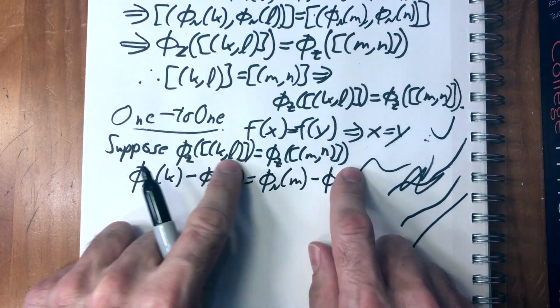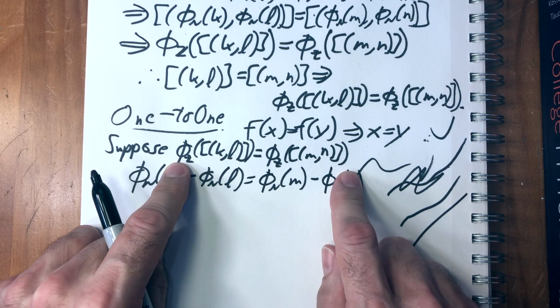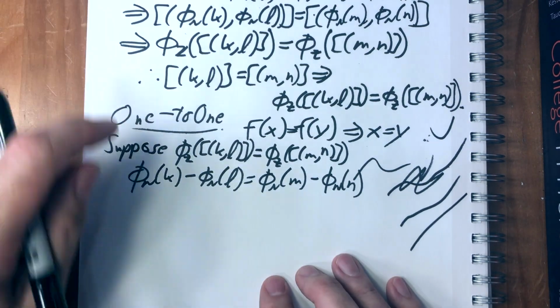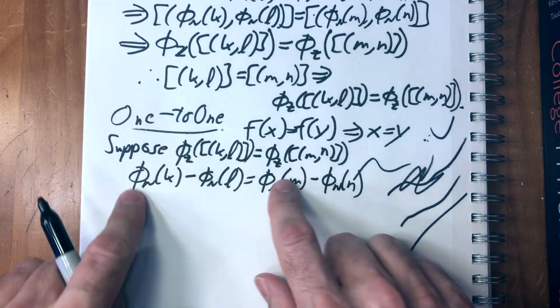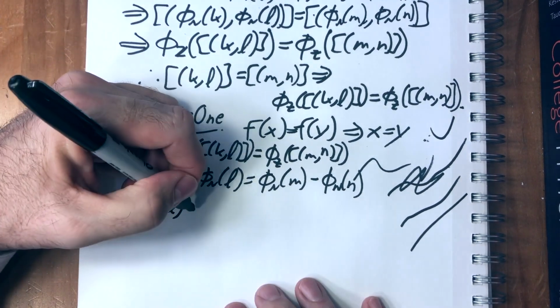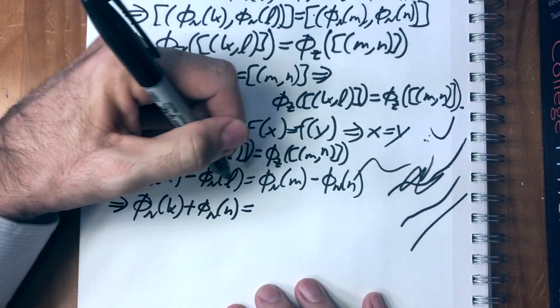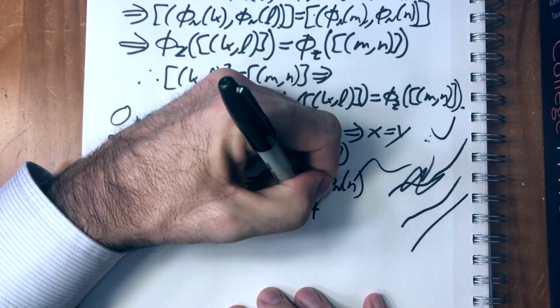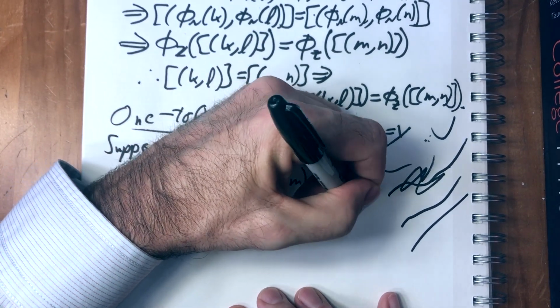That's just the definition of phi of zeta, or phi z. So we're doing almost the same thing we did just before. So if this is true, then we can rearrange these and get phi n of k plus phi n of n equals phi n of l plus phi n of m.